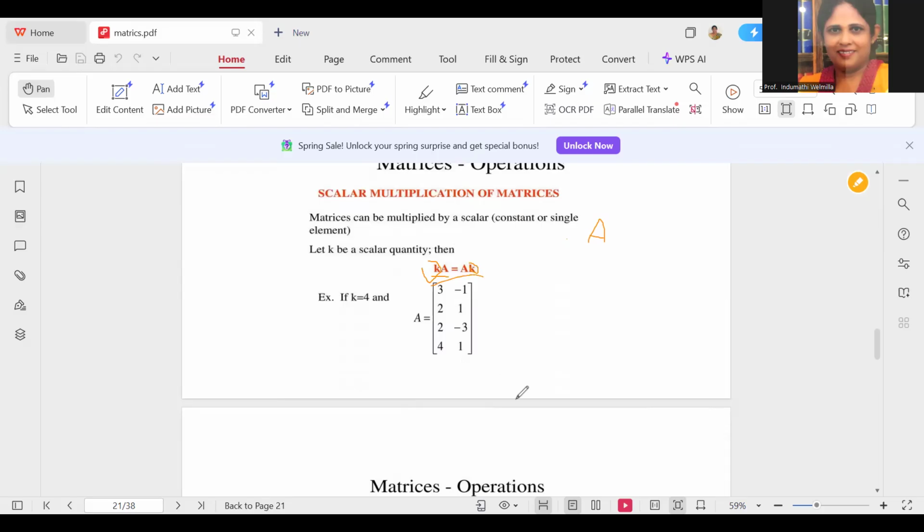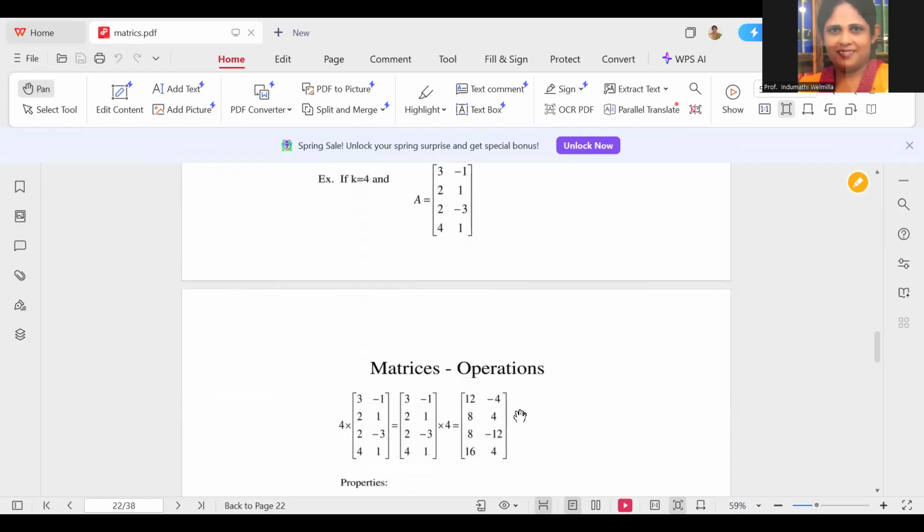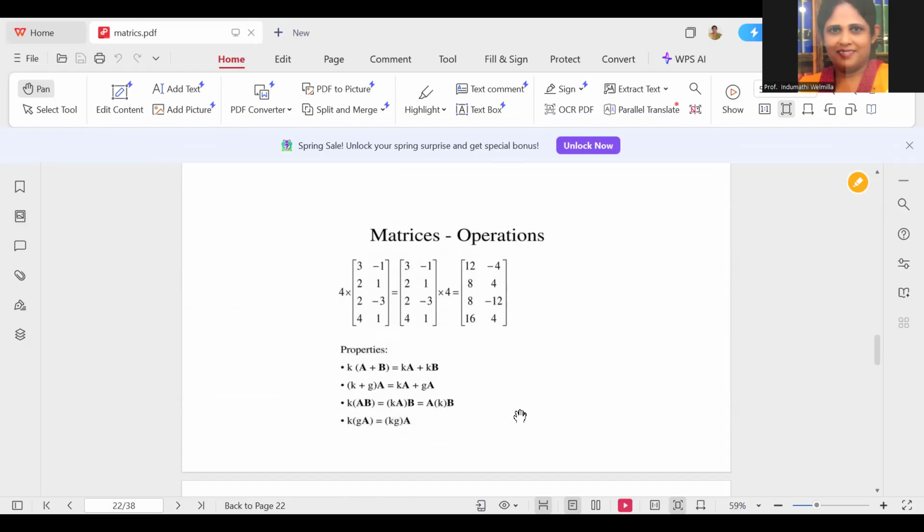So the given matrix is this one, and I have shown the same thing here.